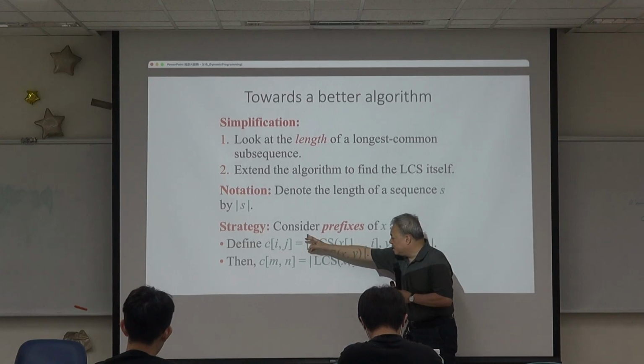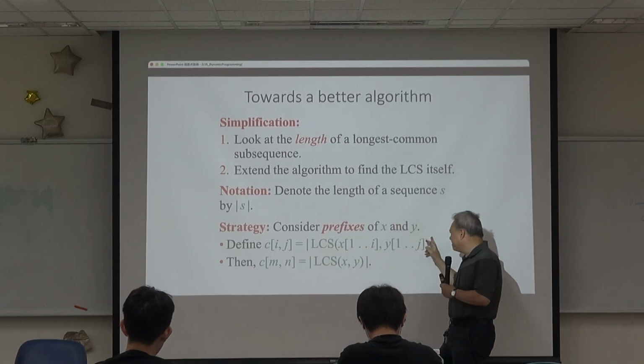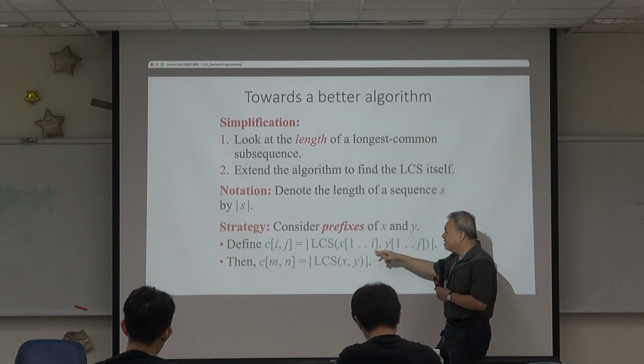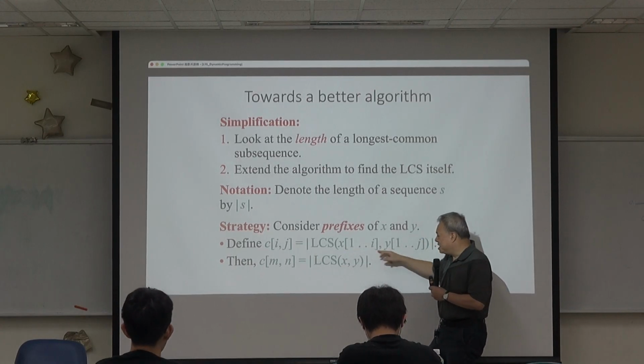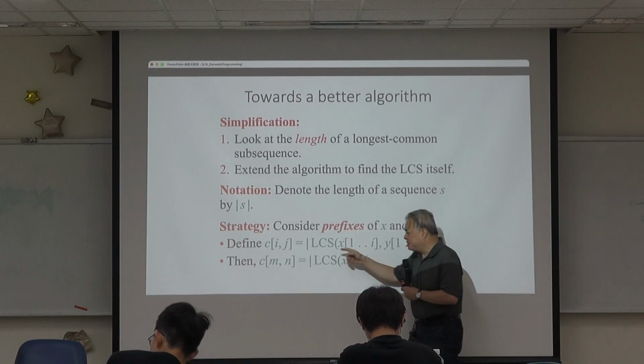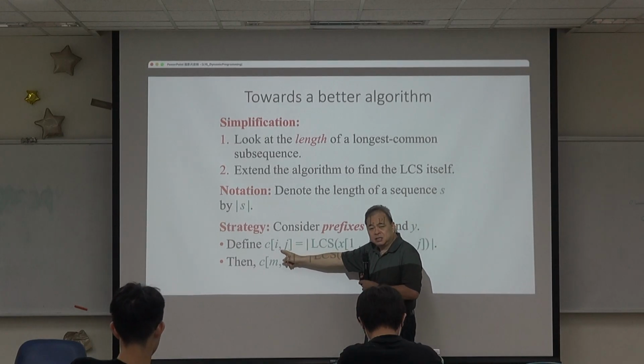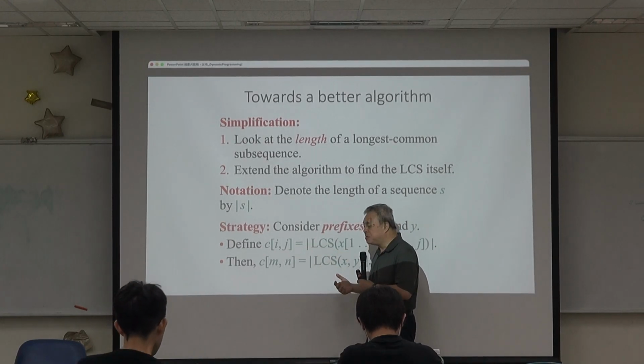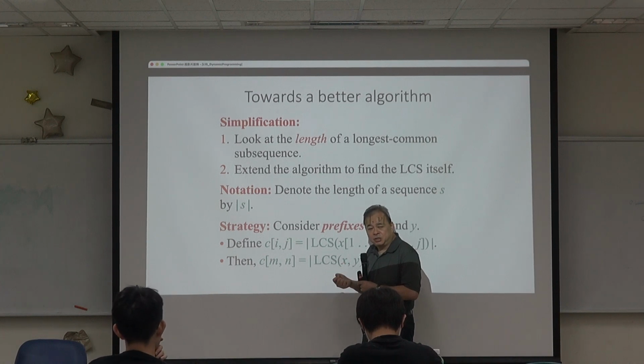And we define the length of the longest common subsequence here to be Cij. So we try to simplify our notation.